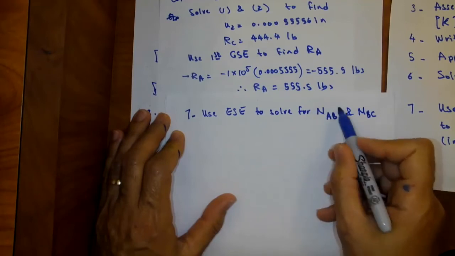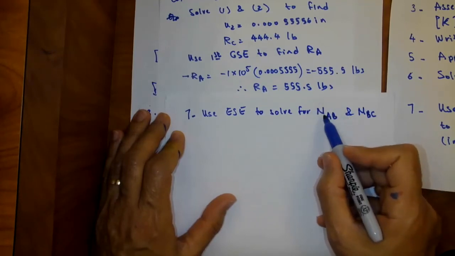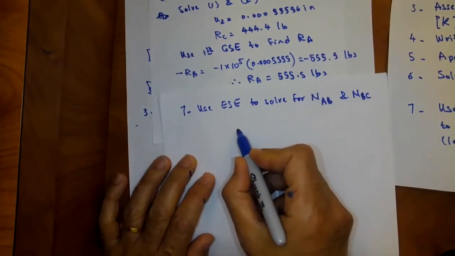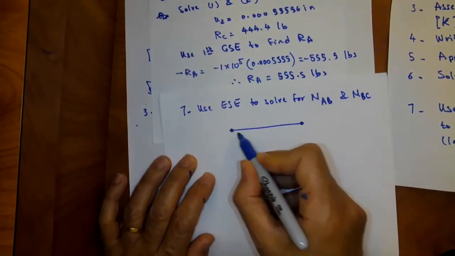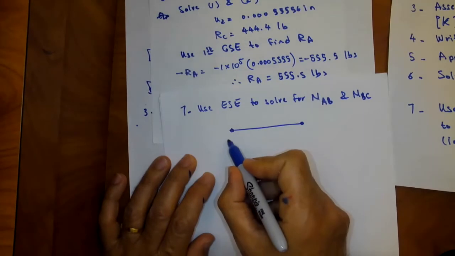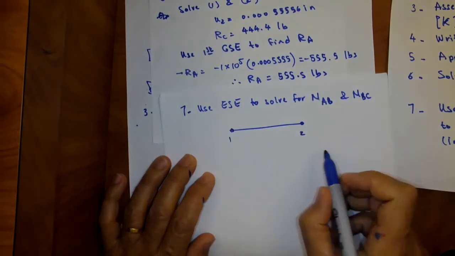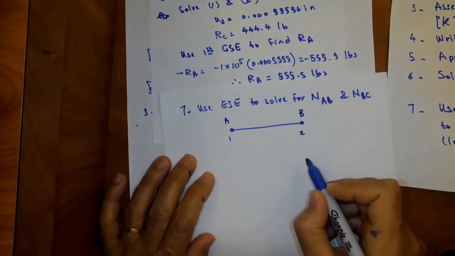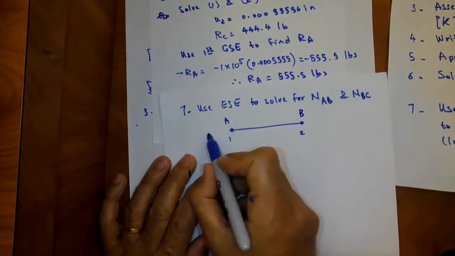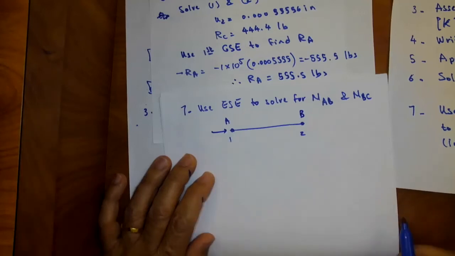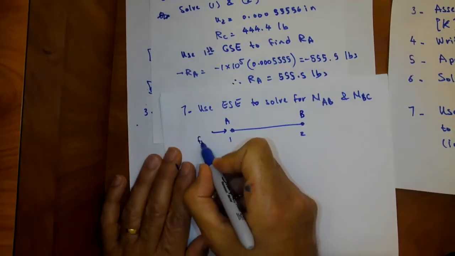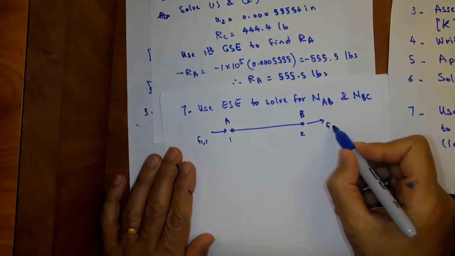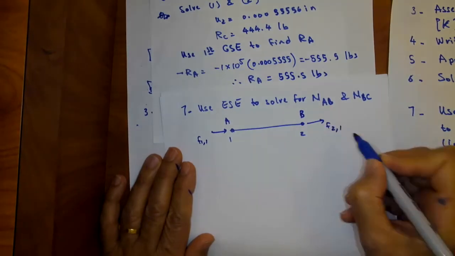Now NAB comes from the element forces in AB. So if you recall, if this is AB, it extends between 1 and 2, or really A and B. The element forces would be F11 and F21.